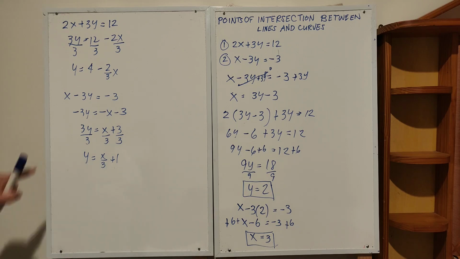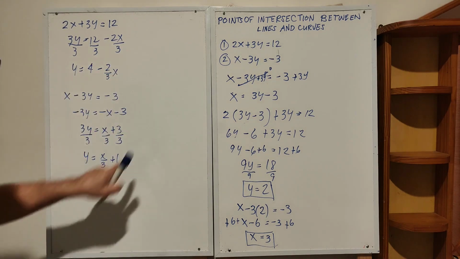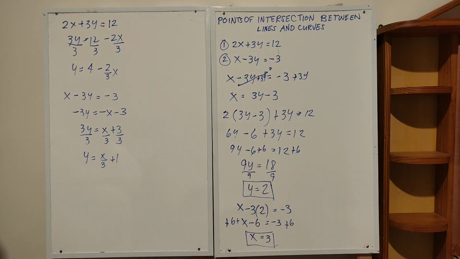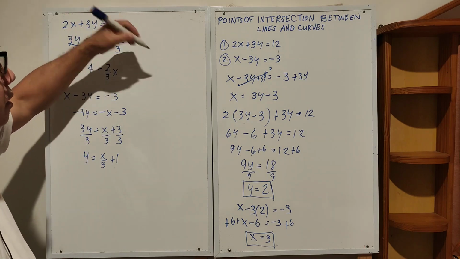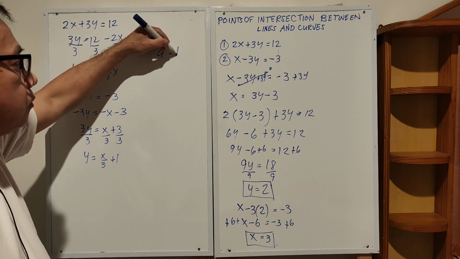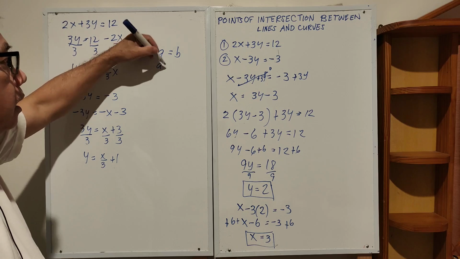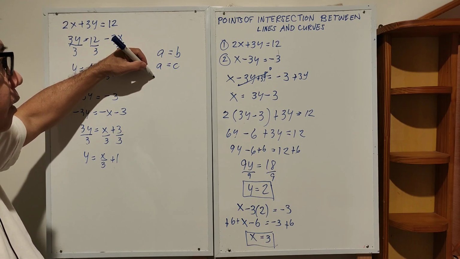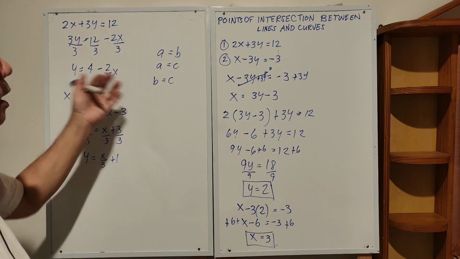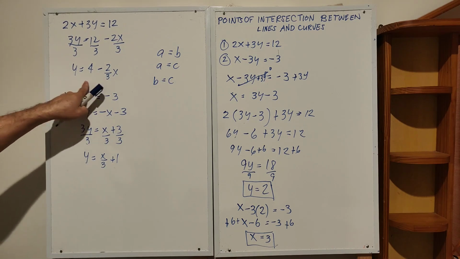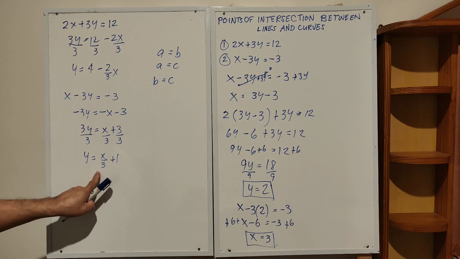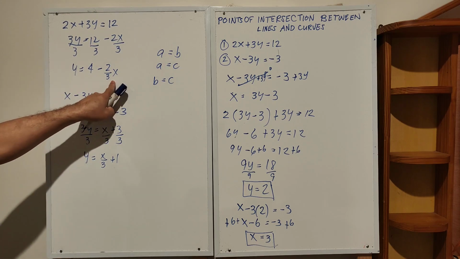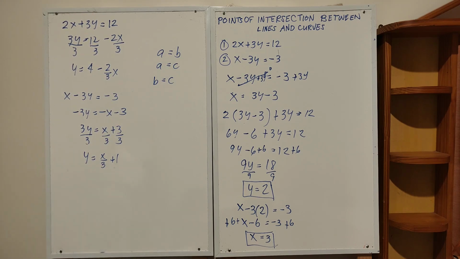So now I solved for y in the first equation and for y in the second equation. Let's take an analogy. If A is equal to B and A is equal to C, then we can say that B is equal to C. It's similar. y is equal to this, and y is equal to this, so this one will also equal this one.